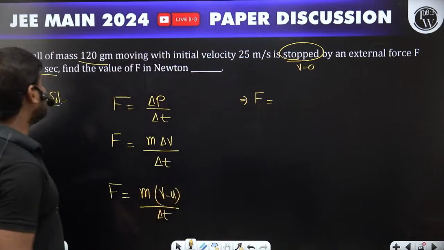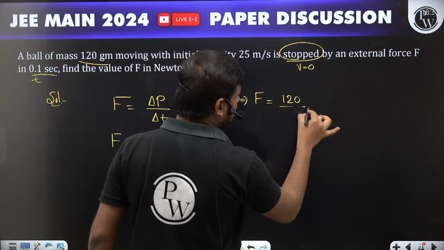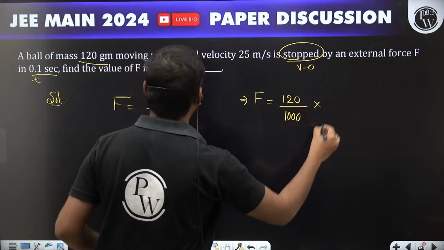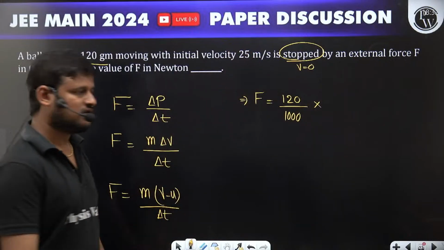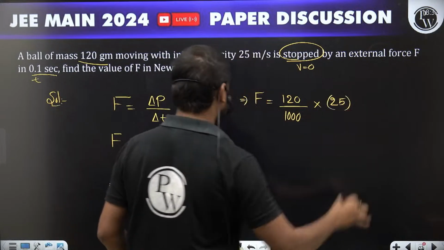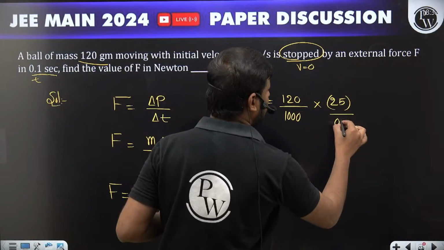In place of mass, I'll write 120 grams, and change it to kgs, 120 by 1000. The final velocity is 0, initial velocity 25. I'm just taking the magnitude, so that's why I'm writing V minus U as 25, by the time, 0.1.